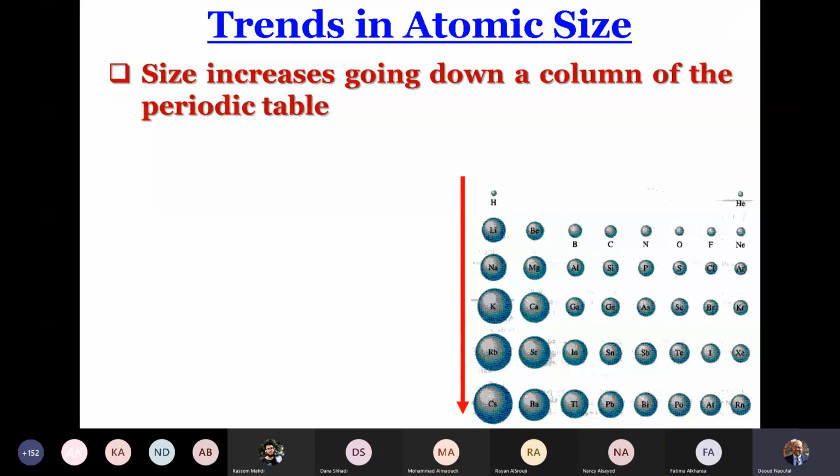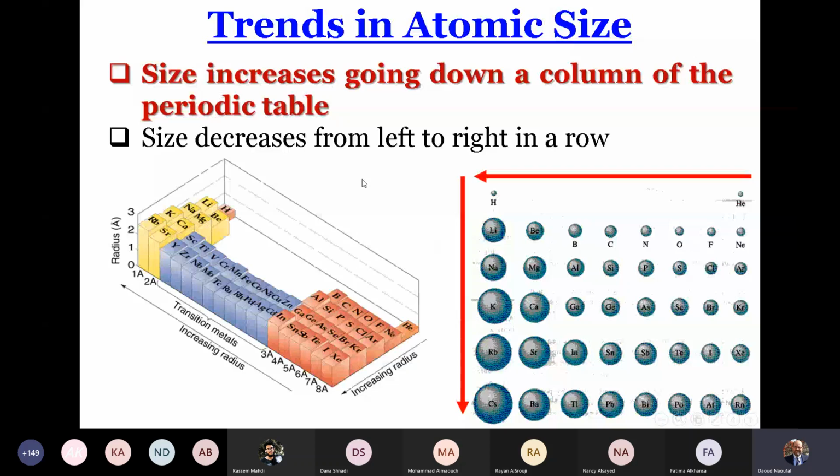So as a conclusion, in the same column or in the same group, the atomic size increases from up to down, or we can say in the same group or the same column, as Z increases, the atomic size increases. So this is the trend in the column.